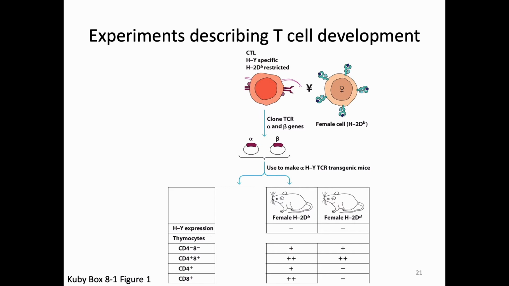And then they put those into mice of either the right genetic background, a B genetic background, or a D genetic background, the wrong type of mice. Okay? So it's exactly the same experiment I showed you before. And this is the outcome. I'm also going to draw the outcome in plots. I'm also going to show you the outcome in terms of the data from this experiment.